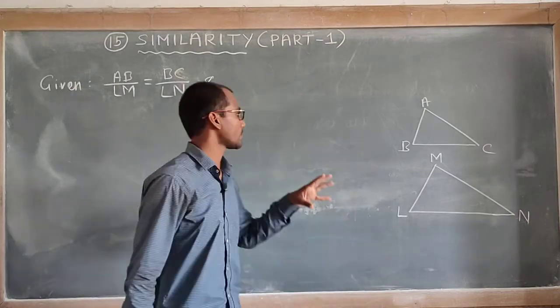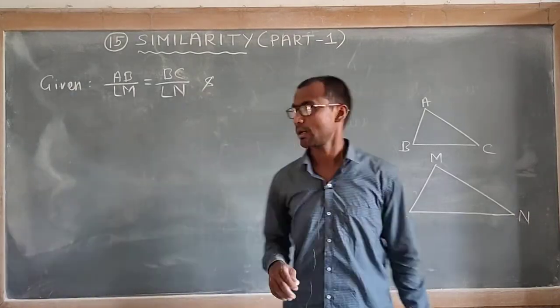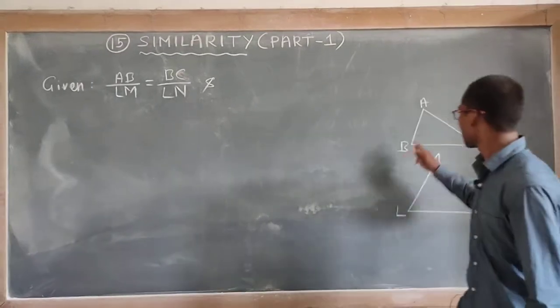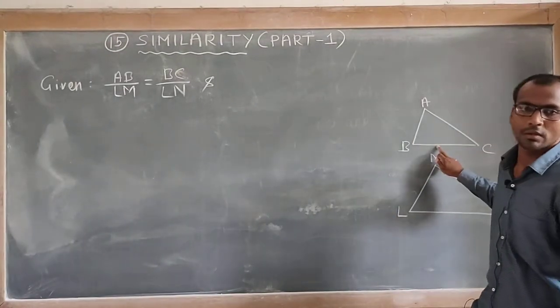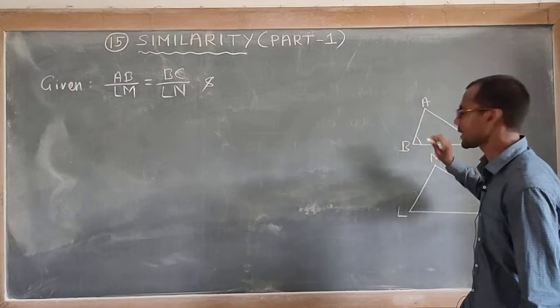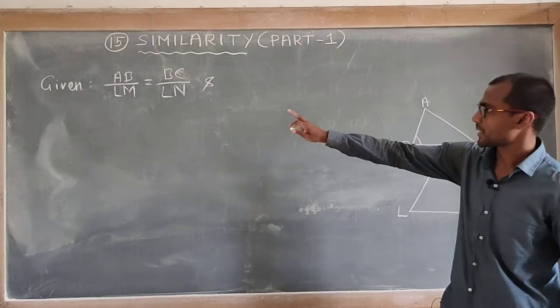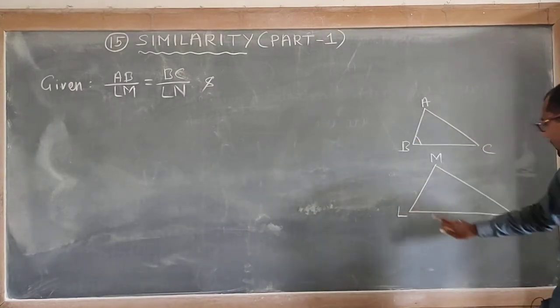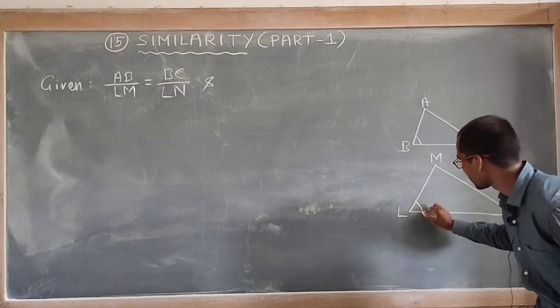So randomly we cannot choose any angle. You have to take the included angle. AB and BC we have taken. So which is the included angle? Angle B. Similarly, we have taken LM and LN. So we are bound to take this angle.